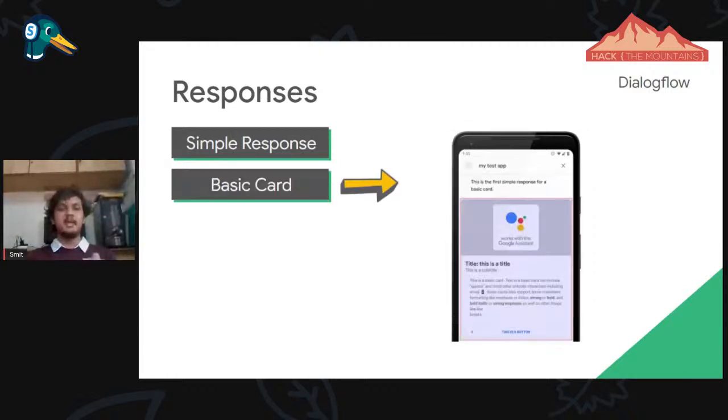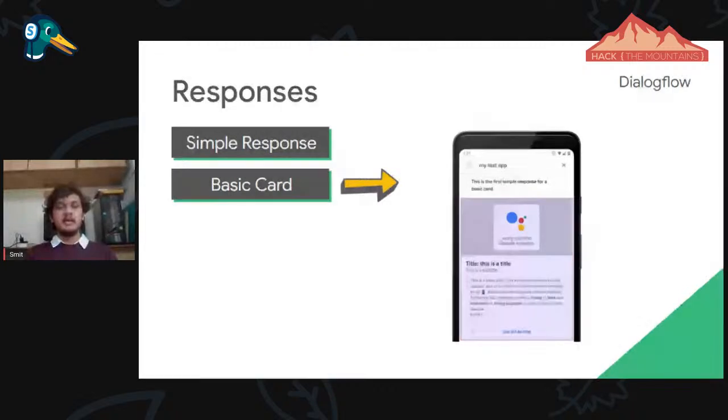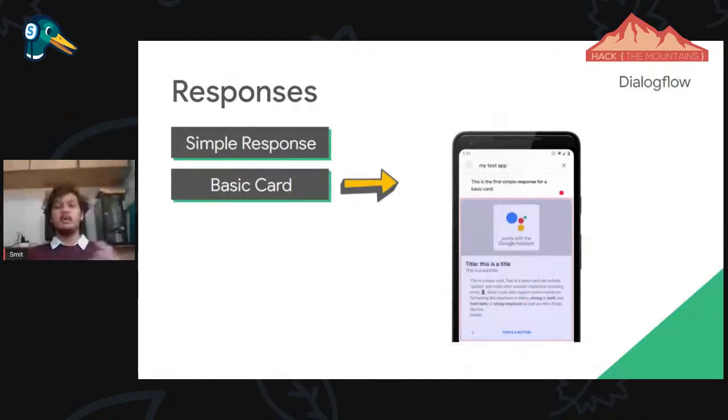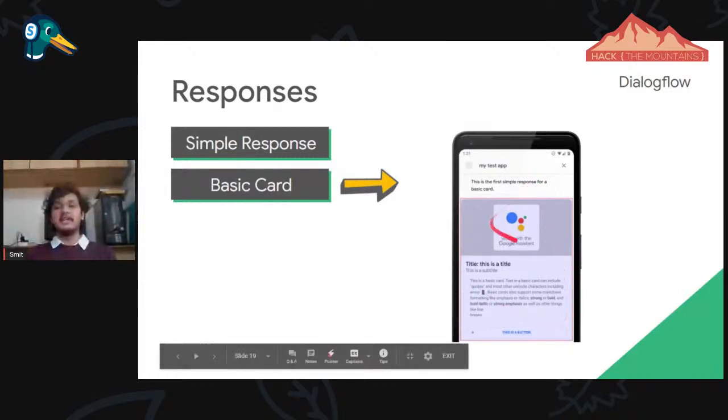The next is the basic card. It will display a card over here. It will have some image, a title, and you can add some subtitle, then a description, then you can embed a button. If we take the example of an event, and I click on the speaker, it will generate a speaker with some basic card: speaker image, speaker name, specific designation, and a link to the portfolio.